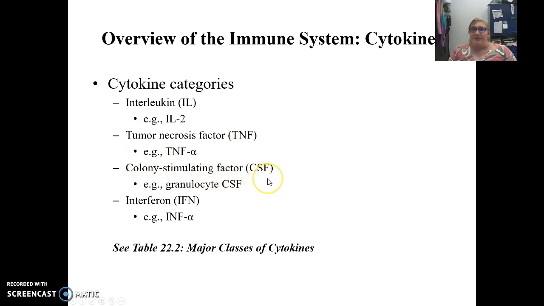Colony stimulating factor is going to stimulate the cell to start replicating, producing new cells. And interferon is a special chemical that's released by all of our body cells when they get infected with a virus, and it stimulates all our neighboring cells to be protected or to produce chemicals that will protect them from the virus.